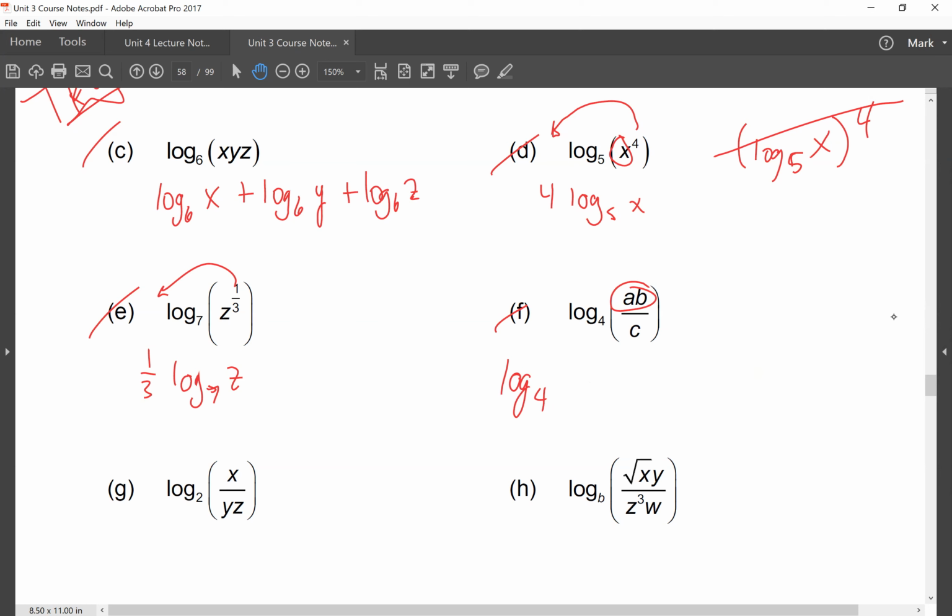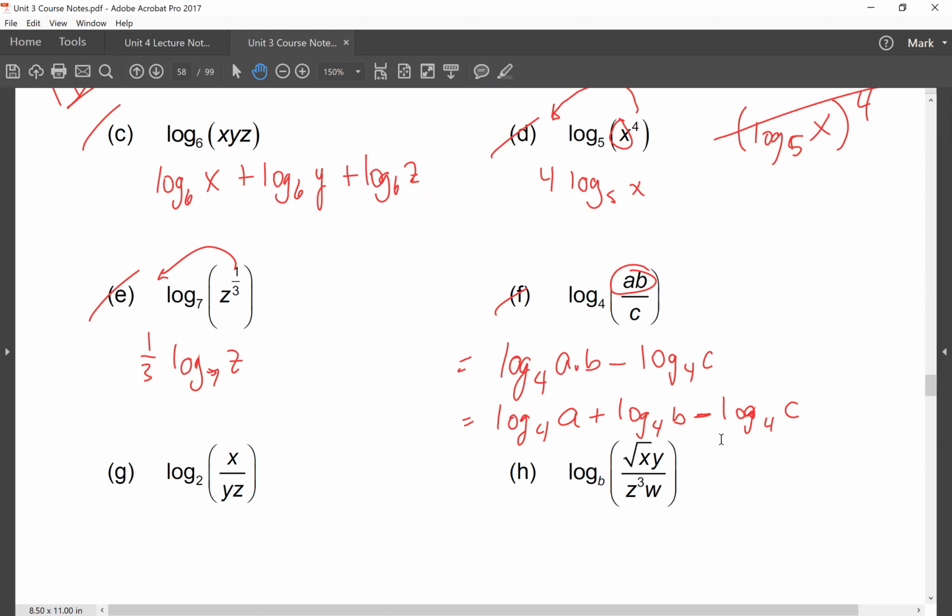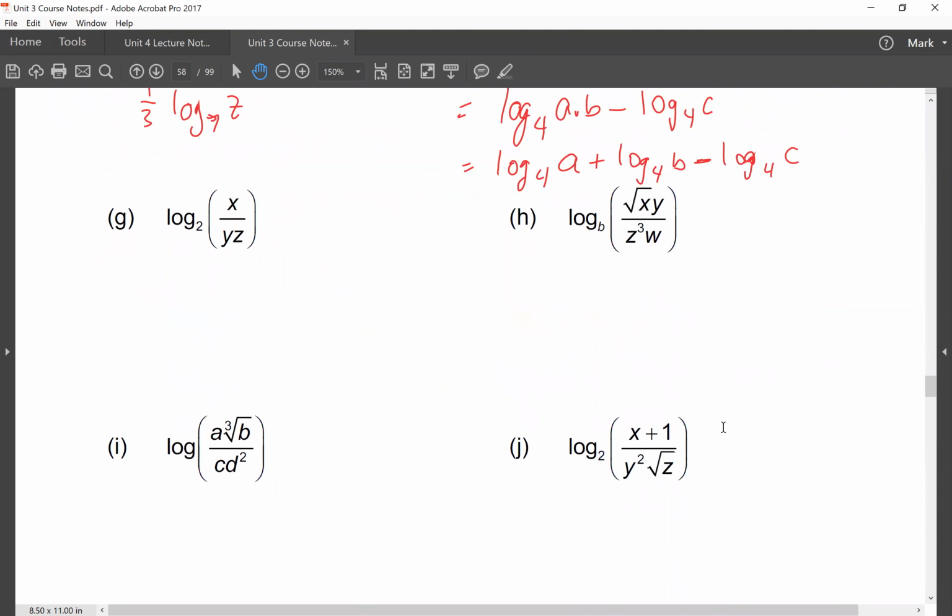So I could go log A times B minus log 4 C. Then I could keep expanding it. Or you could do it all in one step like I was going to do right at the beginning, right? You don't have to show all of these steps. Whatever you're comfortable with. Now, you might want to show some steps with some of the harder ones. So let me show you a harder one here.